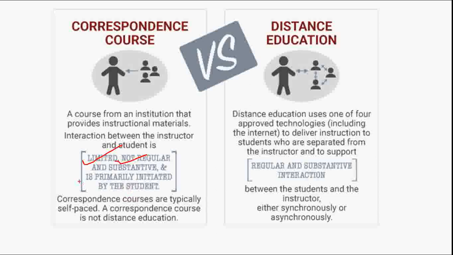Okay, teaching materials will be provided by the institution to the students. Interaction between the instructor and student is limited, not regular and substantive, and is primarily initiated by the students only.